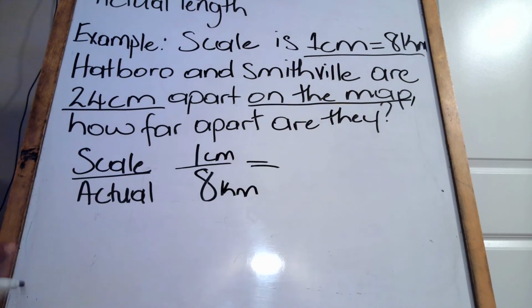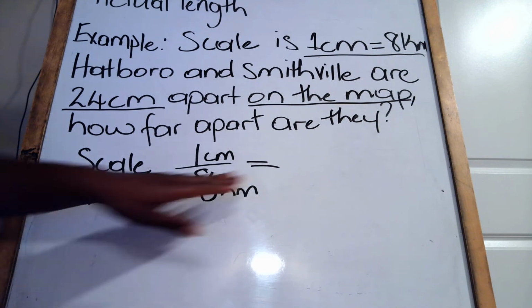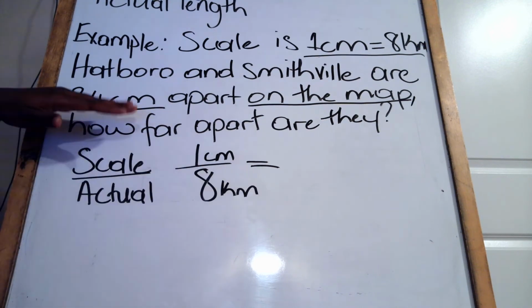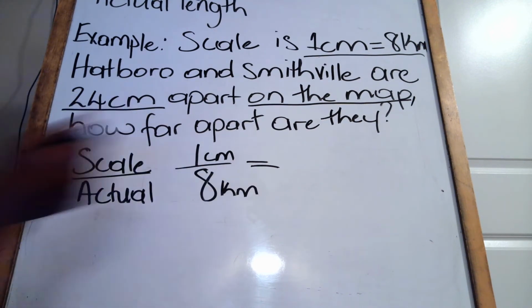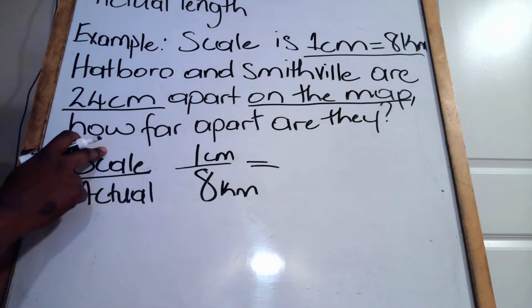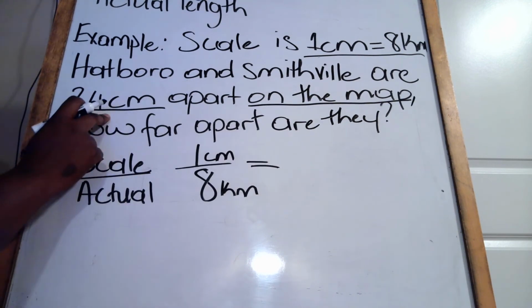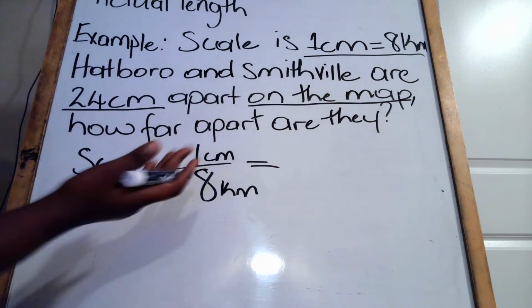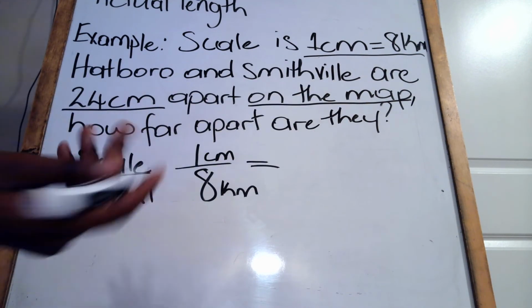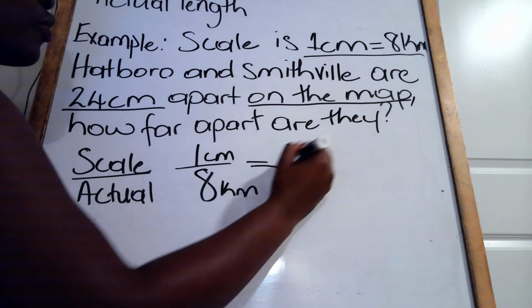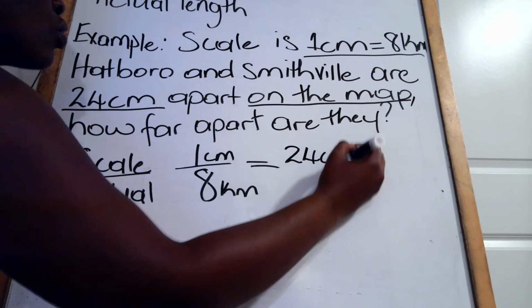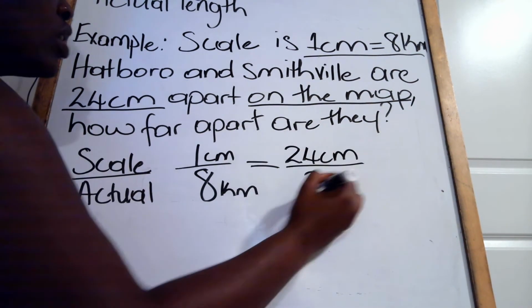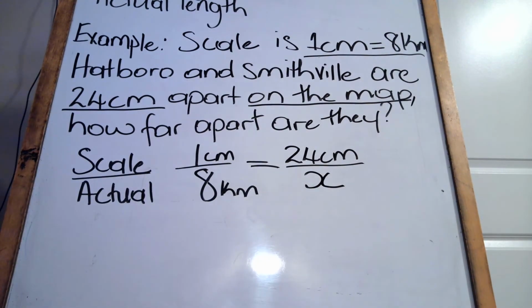Equal, so we're setting it as a proportion, equal 24 centimeters will go in the numerator because remember it's always scale over actual, and 24 we say would be the scale because it says on a map. Alright, so that's a hint to tell you which is the scale and which is the actual. So 24 centimeters will go in the numerator and we want to find the actual length.